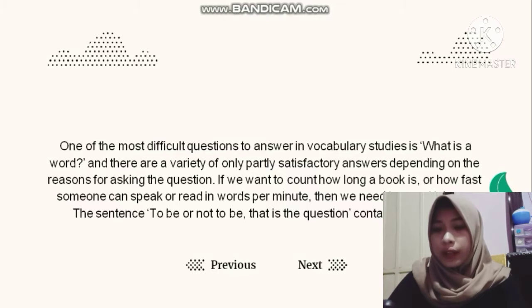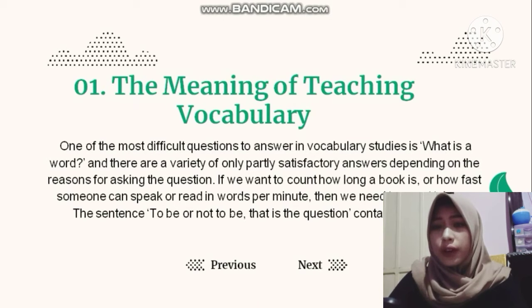What is vocabulary? One of the most difficult questions to answer in vocabulary studies is what is a word, and there are a variety of only partly satisfactory answers depending on the reason for asking the question.